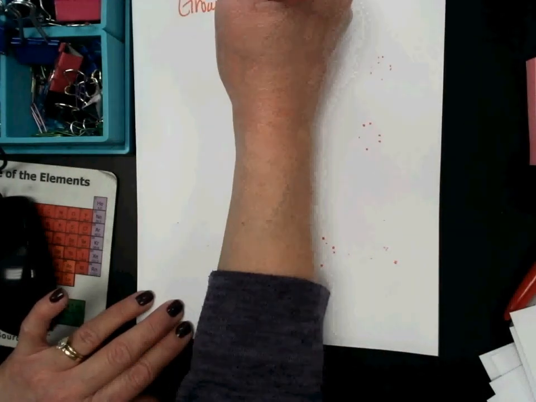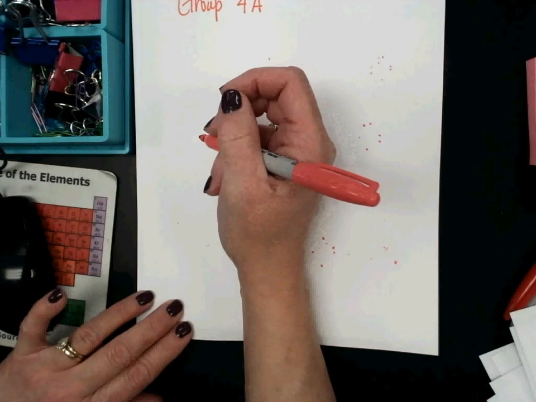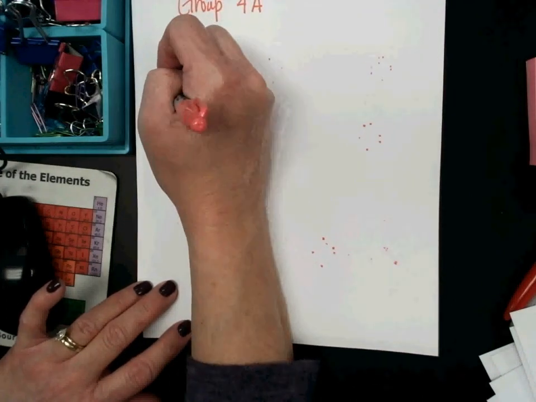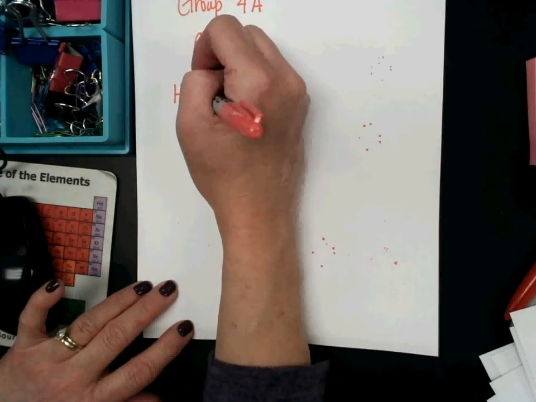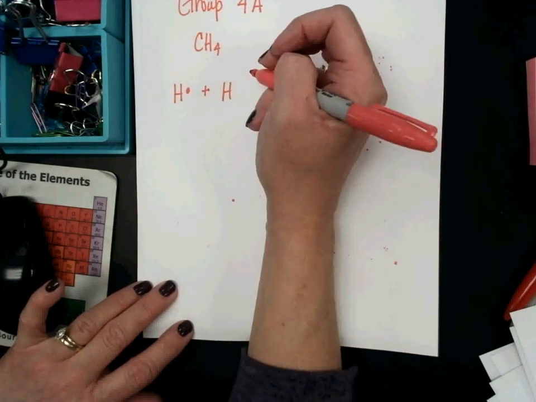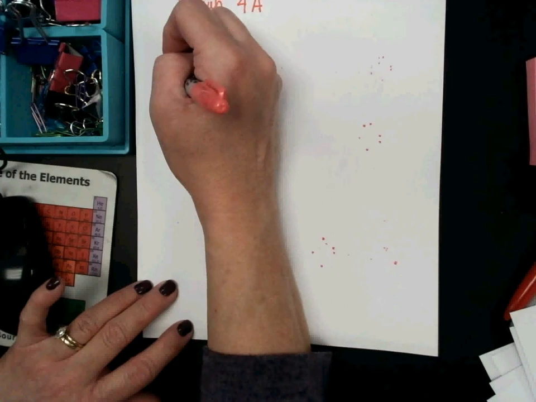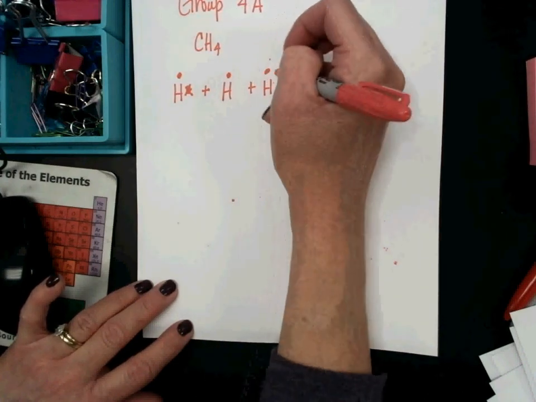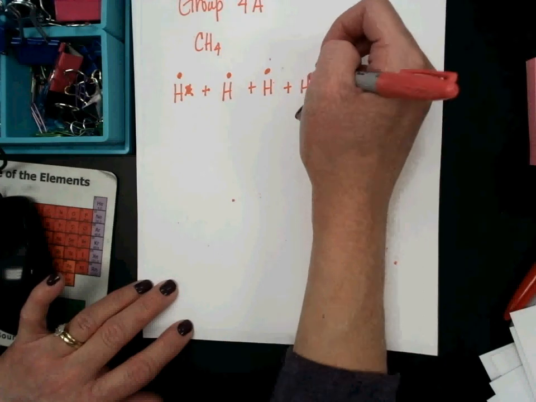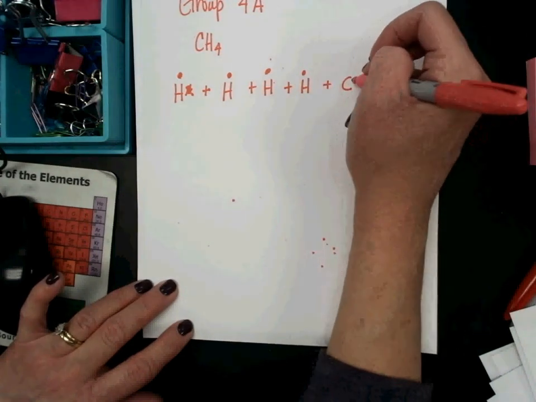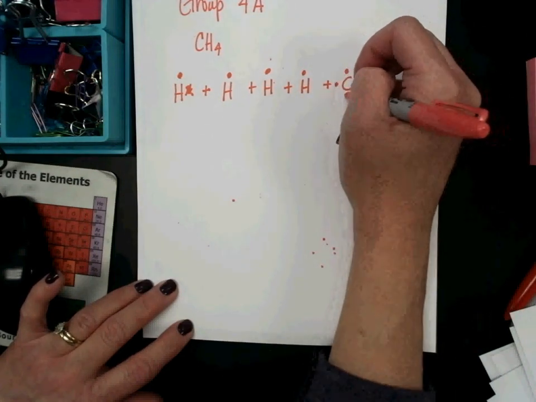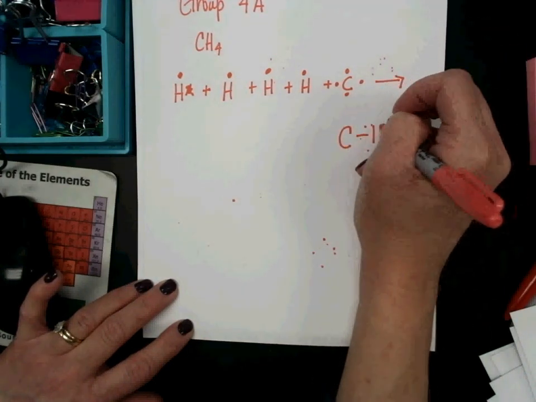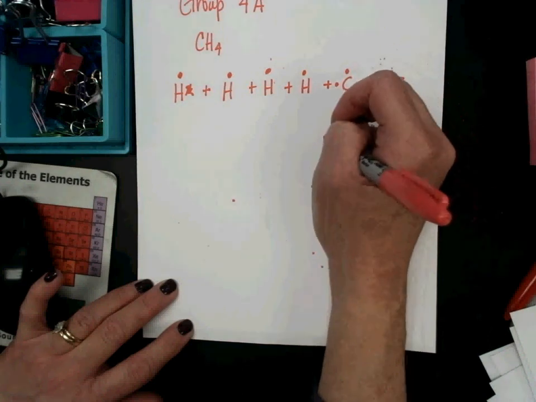Let's do one example from group 4A. Let's do CH4. So 1, 2, 3, 4 hydrogens, plus carbon, which has 4 in its outer shell.